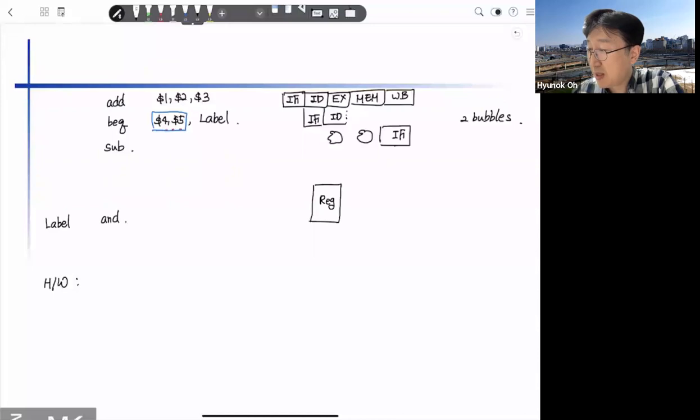Instruction decode provides the source registers and generates the two register values. Originally, the comparison happens in the execution stage. But instead of that, we are just comparing these two values before the ALU stage.